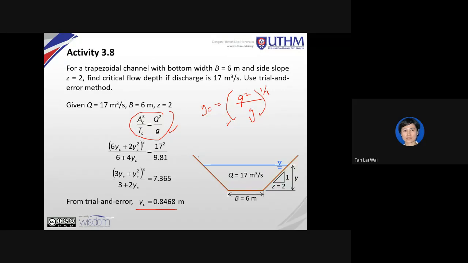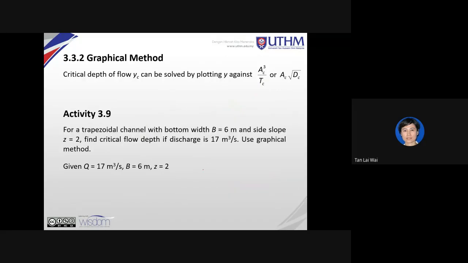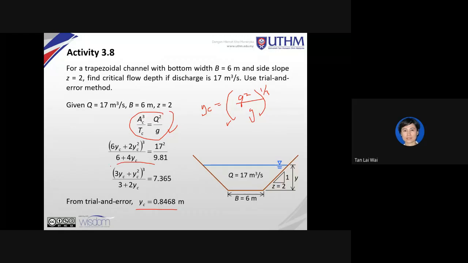In this case, the same thing like how we solve for the depth of uniform flow. For the depth of critical flow, you can also use the graphical method. That means you are solving this expression.